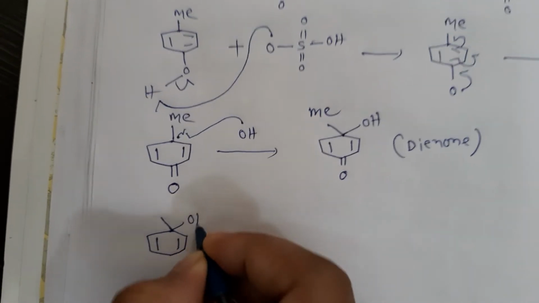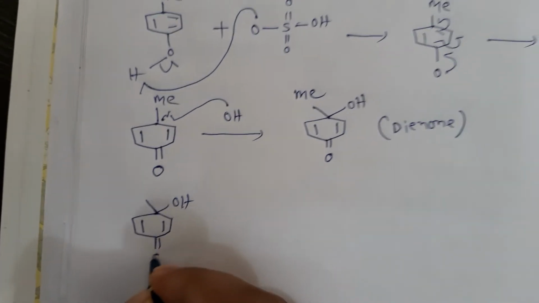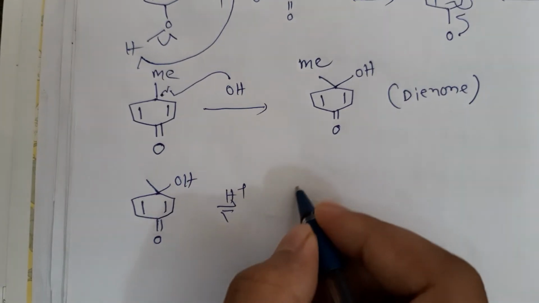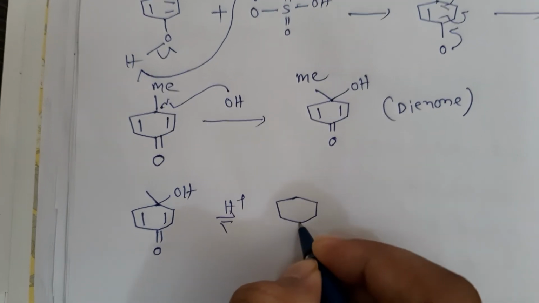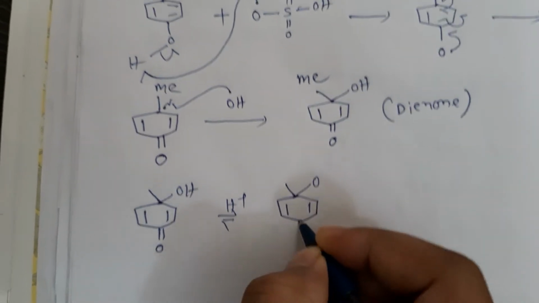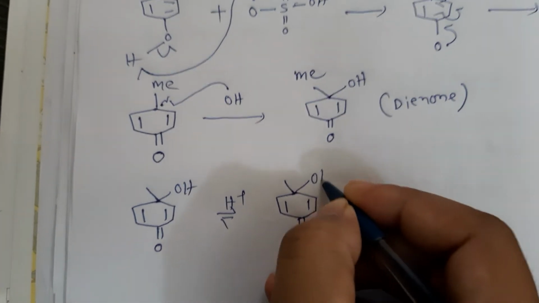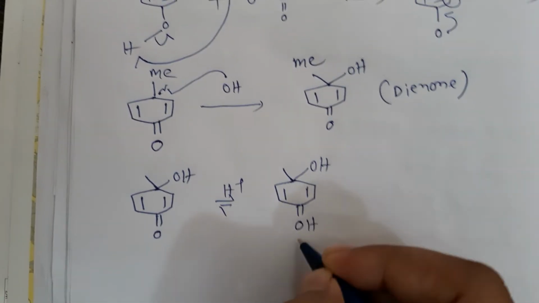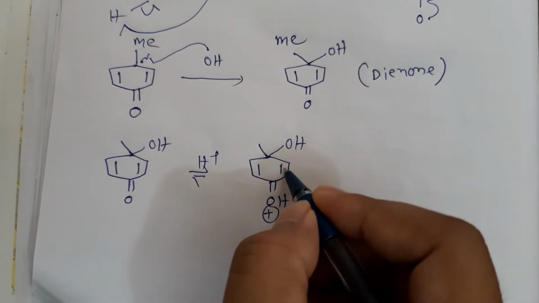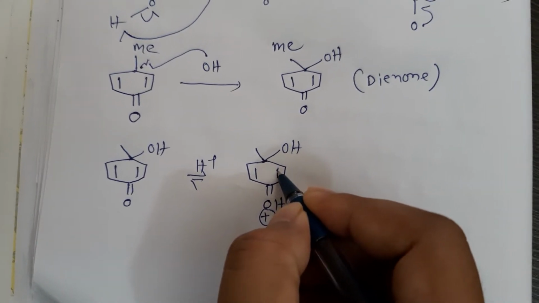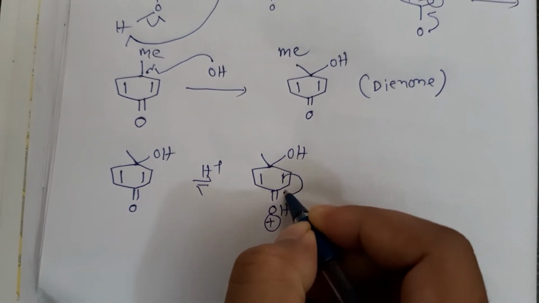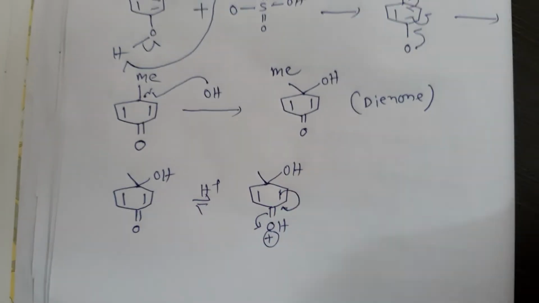Methyl, OH, this is ketone. In presence of acid, methyl, OH. First protonation occurs at that carbonyl oxygen, and then what happened? This double bond migrates here, and this is open.